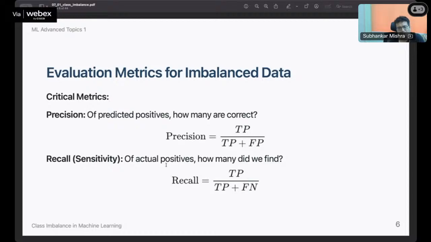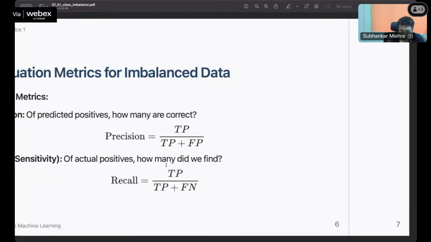Now the next is recall, otherwise known as sensitivity. The first one was, of all the predicted positives, how many were correct, or if we predict positive, are our predictions reliable? Other way around, recall says how many of the positives did we find? Precision can only work very conservatively. It will not try to find out anything more.